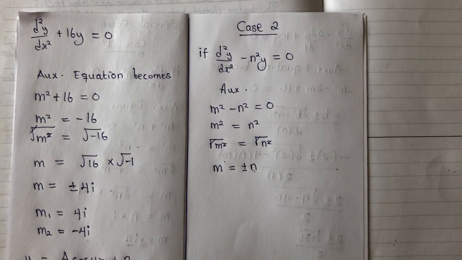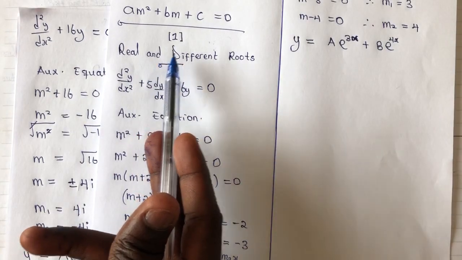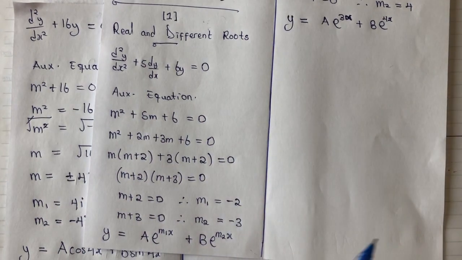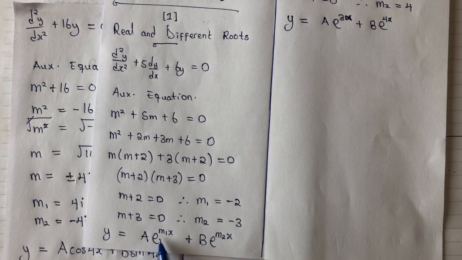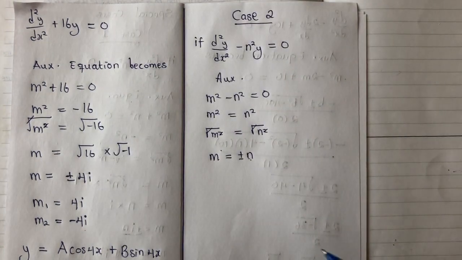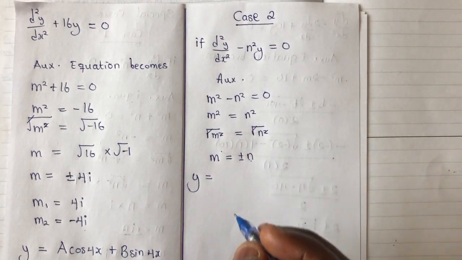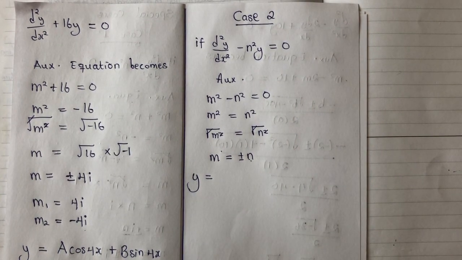Note that in the beginning, when we were working for real and different roots, we realized that when it is real and different, we generate y equal to a e to the power, this, b e to the power, this. It is the same process, but this time we will write the answer in hyperbolic functions. So now our general solution for y will be y equals, let me use c and d as the constants because I'm dealing with the complex root.